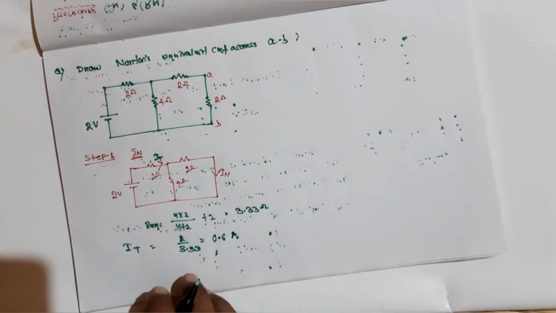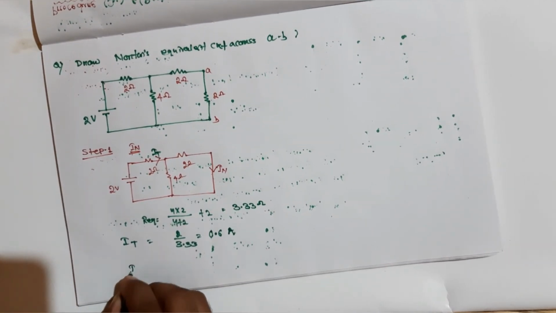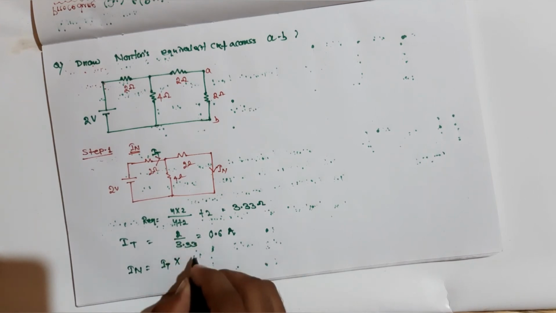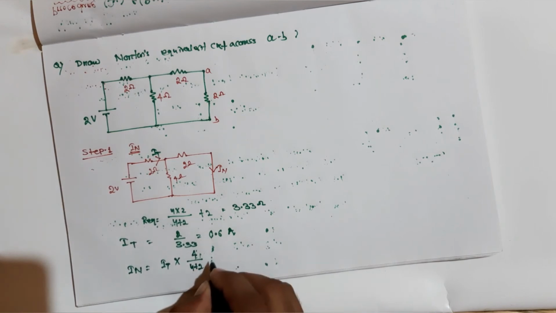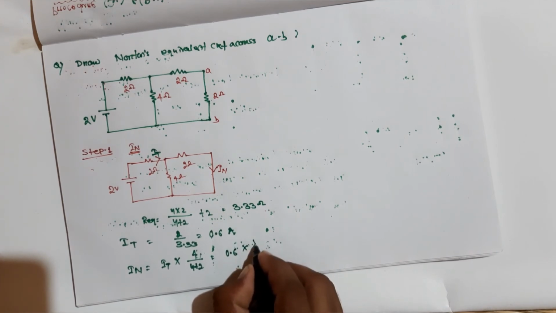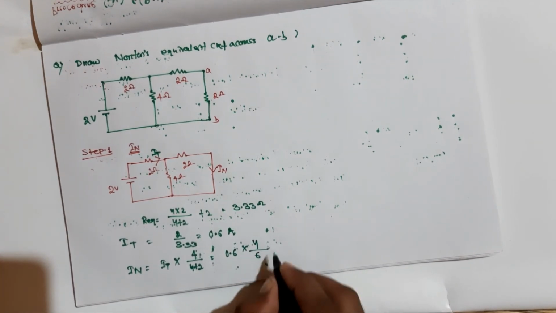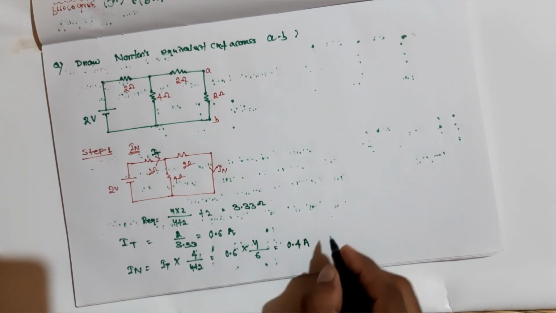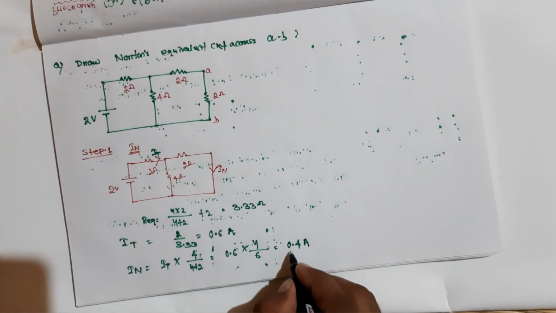Then we apply current division: IN equals IT into the opposite resistance, 4 ohm, divided by 4 plus 2. This is 0.6 into 4 divided by 6, which is 0.4 ampere. So IN equals 0.4 ampere.